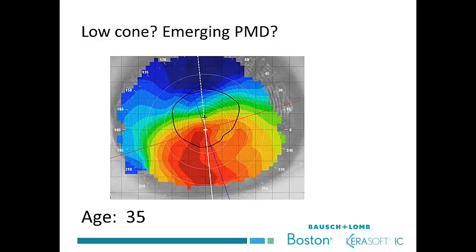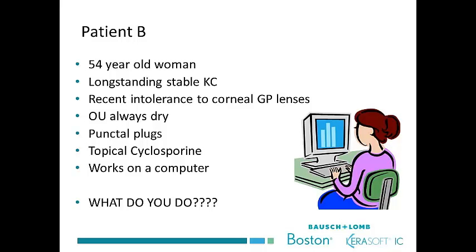And this is why I was saying in the beginning of our presentation that sometimes it's a spectrum, because some of the clinical features of each condition can be ambiguous and they might merge together, and this is one of those situations. In this case, if I was to fit a corneal GP lens, I would fit a larger diameter corneal GP, an intralimbal GP lens. If the patient was active, I would actually consider a custom soft lens for the patient as well as a scleral lens.